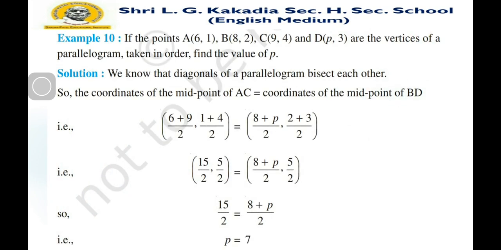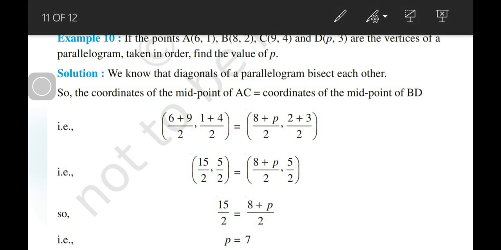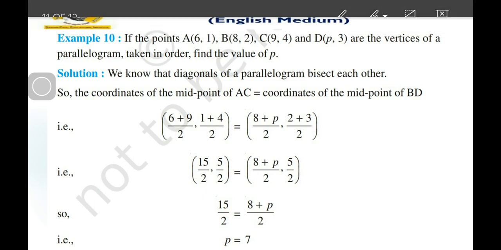Now example number 10. If the points A(6, 1), B(8, 2), C(9, 4) and D(p, 3) are the vertices of a parallelogram taken in order, find the value of p. First, let's discuss the parallelogram.